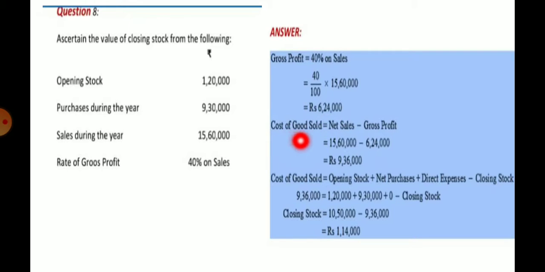Cost of goods sold is net sales less gross profit, and on the basis of cost of goods sold you can easily find out the closing stock. By placing X here, you can take X or closing stock, both are correct methods, and you can find the closing stock. It is just formula based.